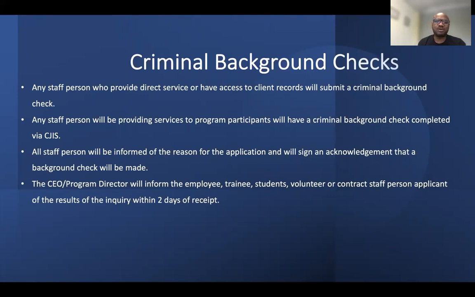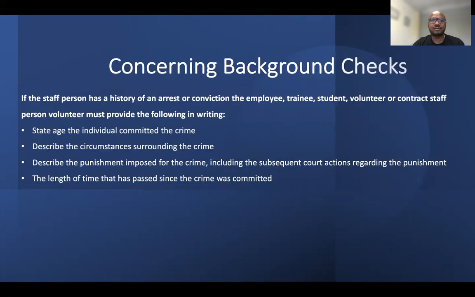The CEO will inform the employee, trainee, student, volunteer, or staff person of the results of the inquiry within 2 days of receiving it. Once I receive proof that that individual successfully completed the background check, I let them know that it was received, and that individual also gets a copy of it in the mail for them to review.